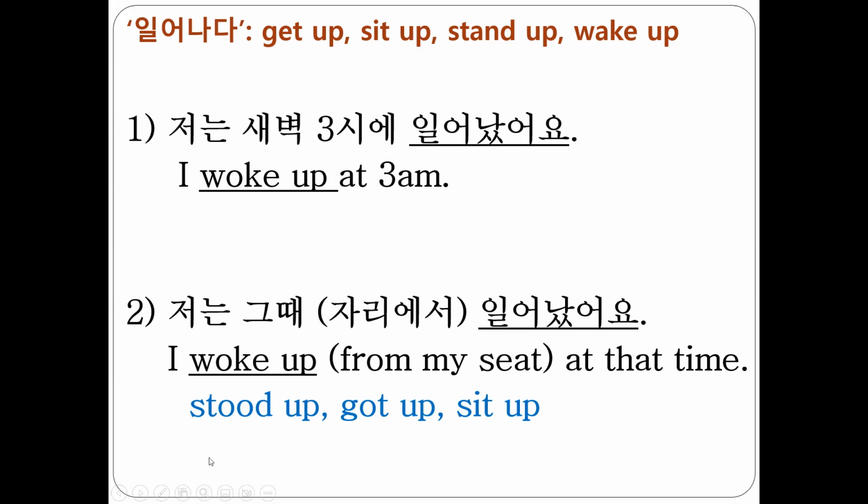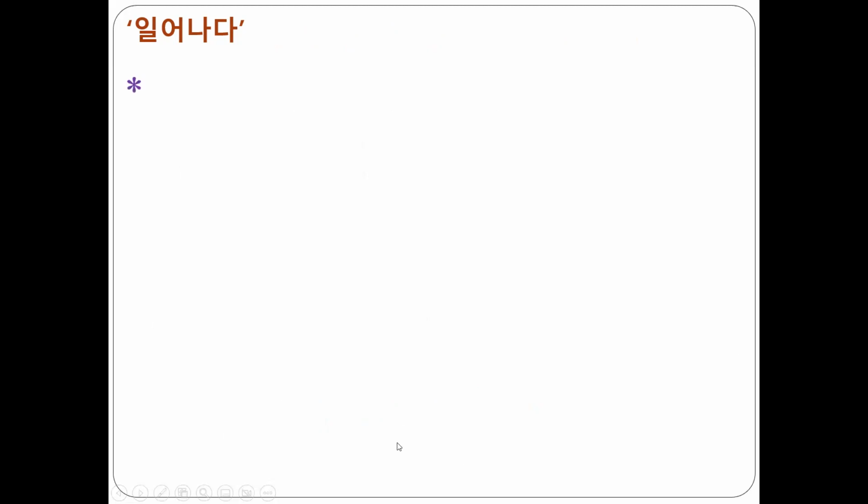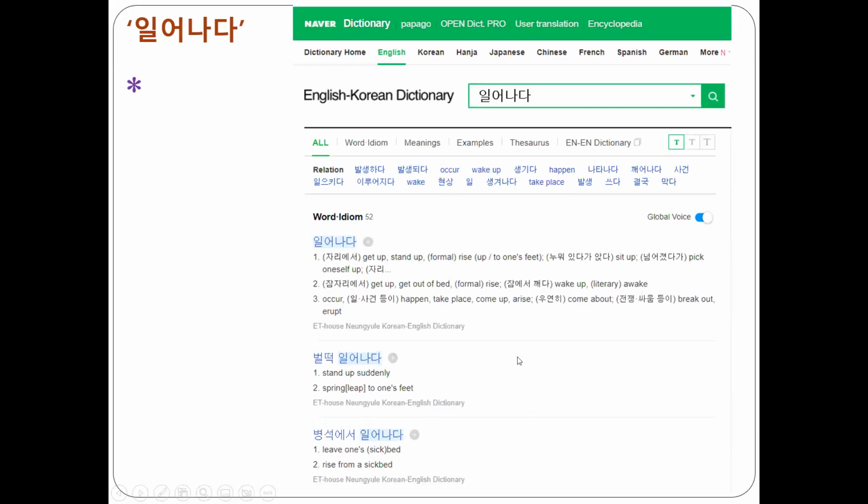Even so, not knowing the usages of 일어나다 for stand up, get up, sit up, the Korean can say wake up, even when the person should say stand up, get up, or sit up. Am I clear? If I look up the meanings of 일어나다 in the dictionary, as you see, there are many different meanings for 일어나다 in English.